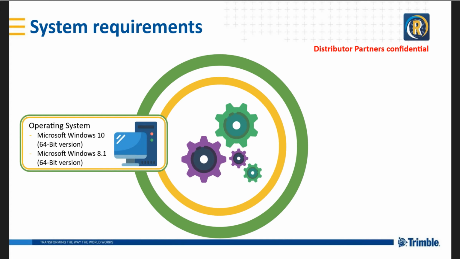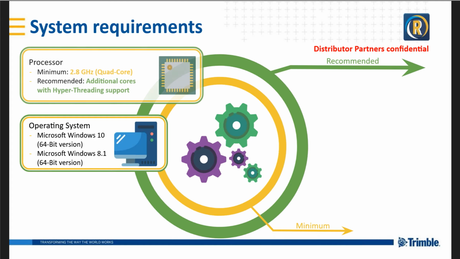On the RealWorks side, we have the operating system Windows 10 and Windows 8.1. That's all minimum and recommended system requirements. On the CPU side, a 2.8 gigahertz quad-core processor, and recommended is additional cores with hyper-threading support.